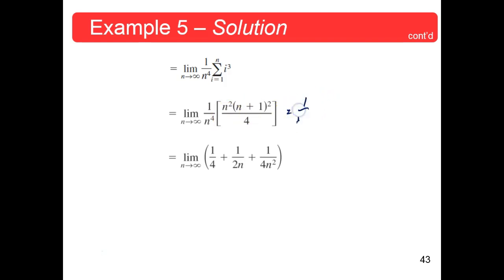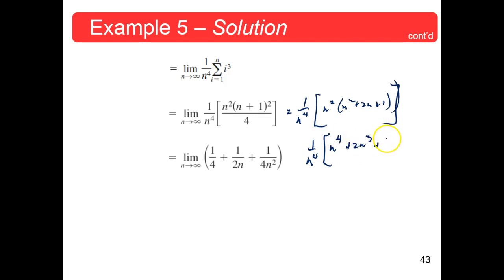So it's 1 over 4n to the 4th, and what you have here is n squared times n squared plus 2n plus 1. When you multiply that out, that'd be 1 over 4n to the 4th times n to the 4th plus 2n cubed plus n squared.